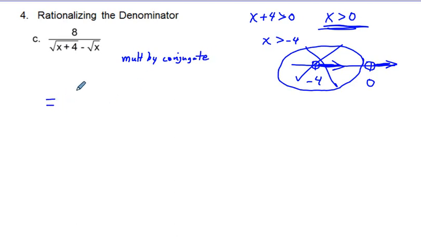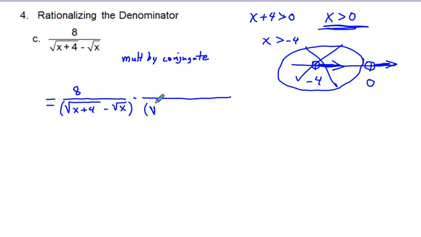So what a conjugate is, I'm going to rewrite this as square root of x plus 4 minus square root of x. What a conjugate is, it's the same expression, but using the opposite sign between them.